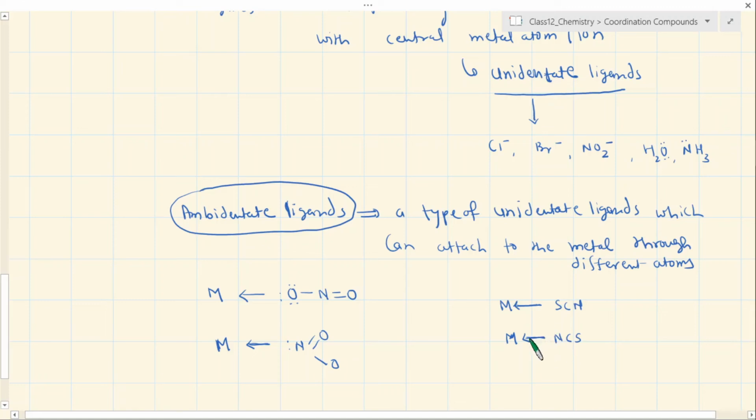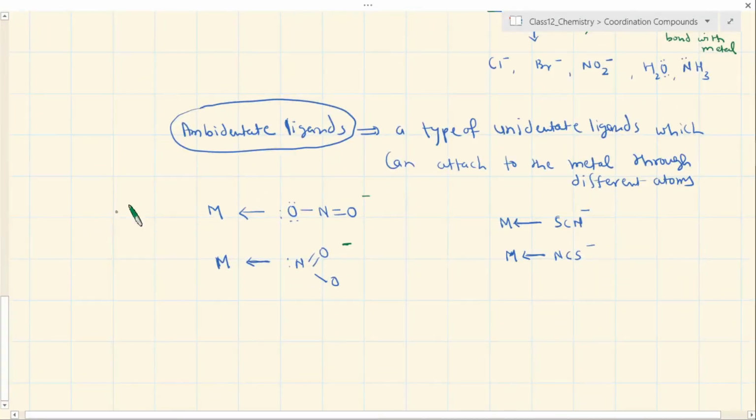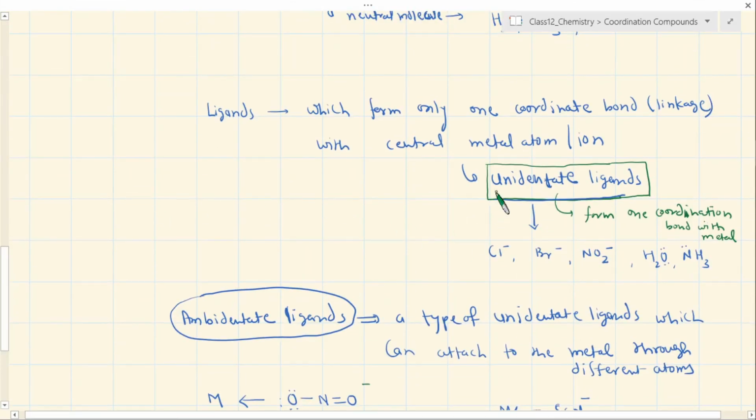Although both are coordination, the combining atom of the group is different, so we should consider that they will lead to different properties. So here is something I have told you: there is something called ambidentate ligand, which is the same as unidentate ligand, but it will attach to the metal atom in different ways. So this is ambidentate, still belonging to the class of unidentate ligands.